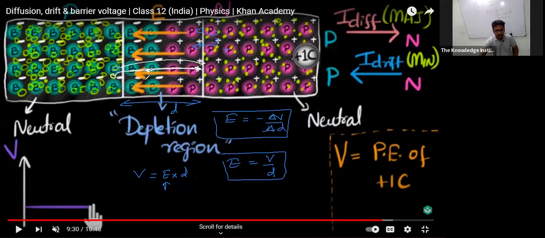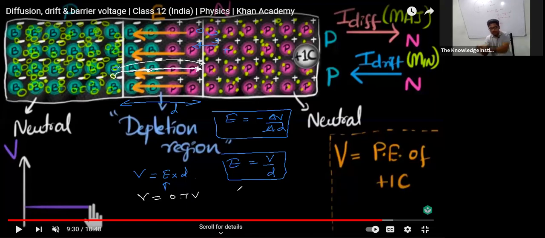Now, for example, let's say this silicon crystal, then this V is roughly 0.7 volt. This barrier potential is 0.7 volt. Then if I want to move a hole or positive charge from this side to that side, I have to do work, right?